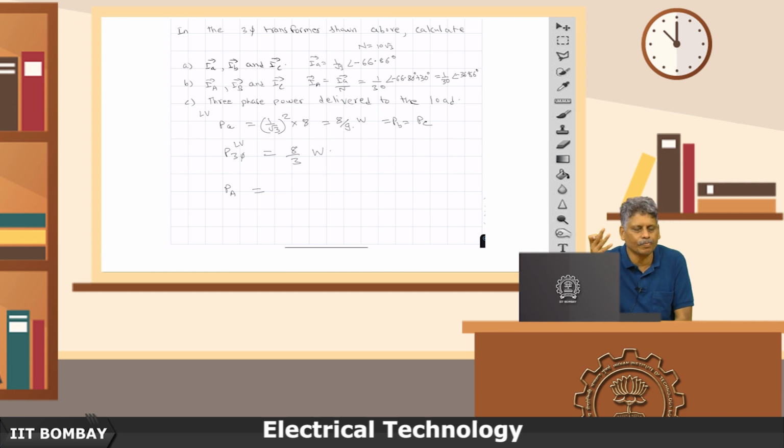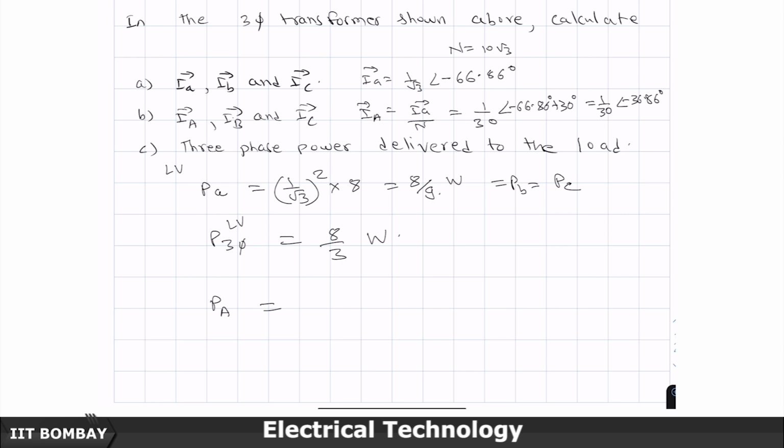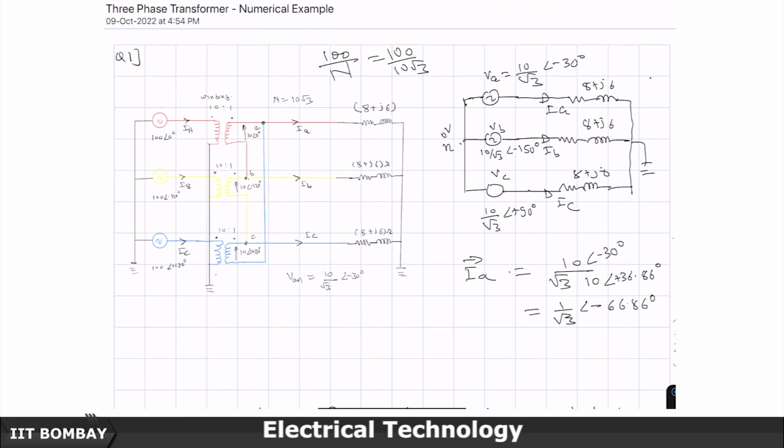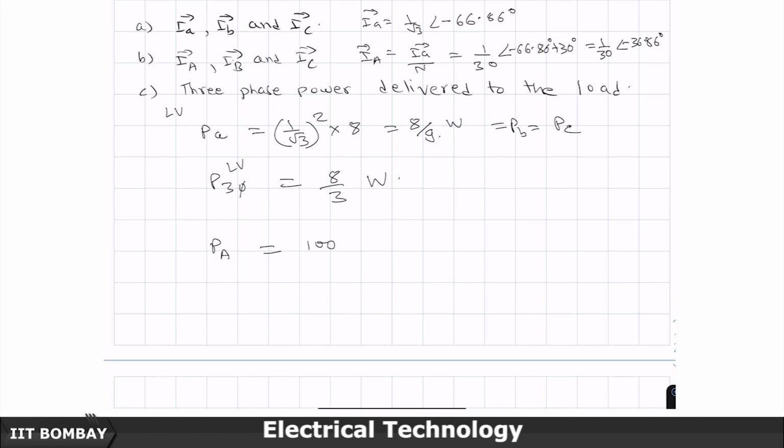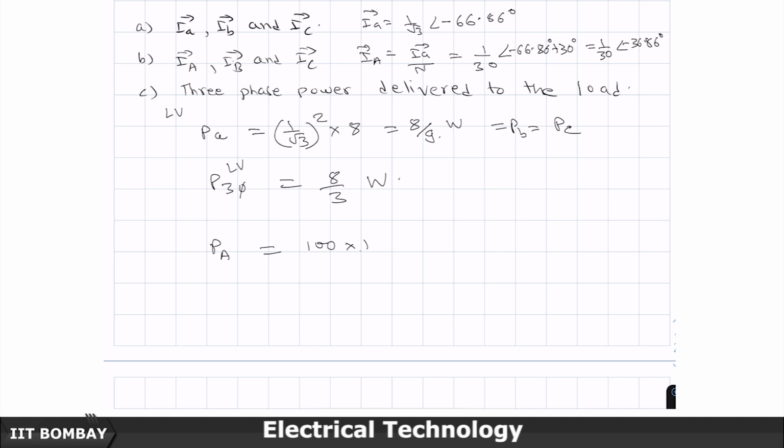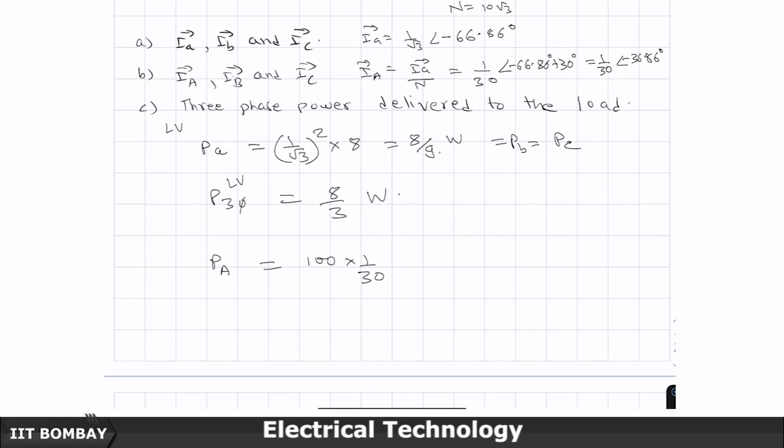Now let's come to P capital A, and once we know P capital A, we know P capital B, P capital C, and then we can calculate the three-phase power, and they should match on the LV side and the HV side. So on this side I don't have any direct resistance and current, so I have to go by the VI cos phi formula only. So V is 100, I is 1 by root 3.